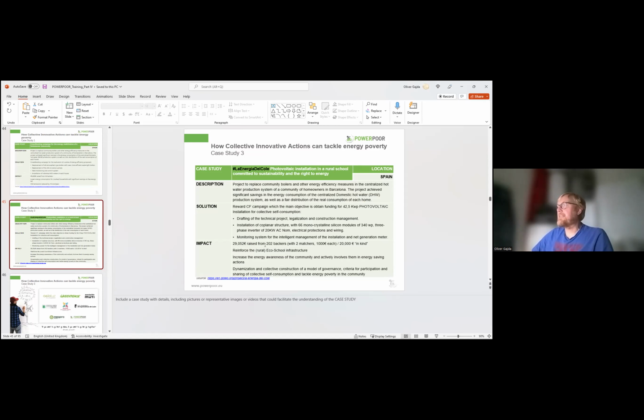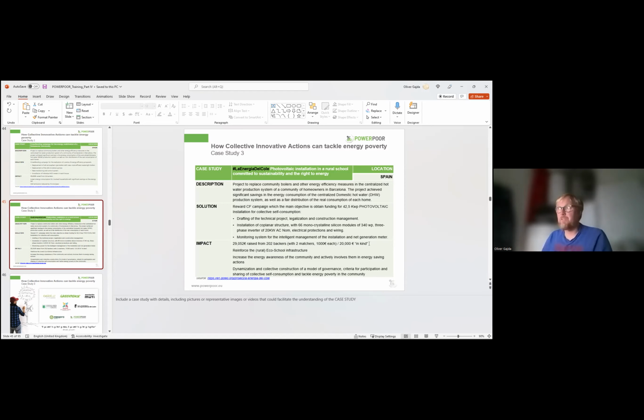And here we had another one, which was a match funding campaign, where we had a total of 29,000 euros raised from 202 backers. And then we had 2 matchers that said we will pay 1,000 euros for every X number of investors or X money invested into the pot, plus 20,000 euros in kind.